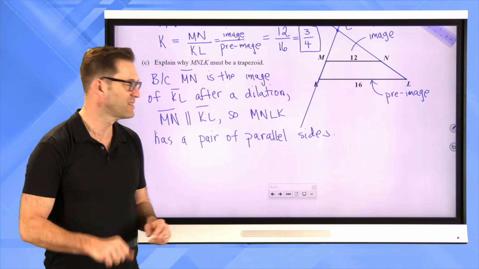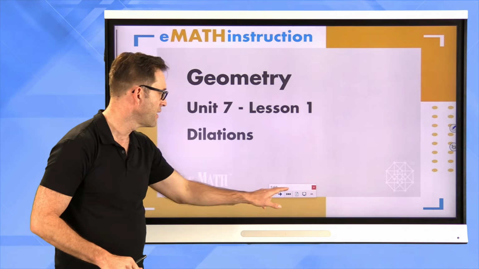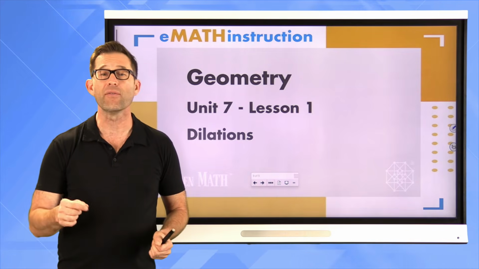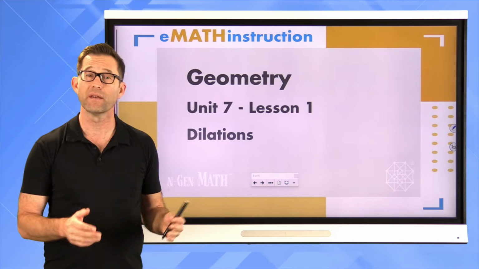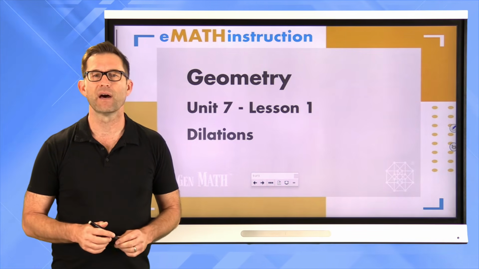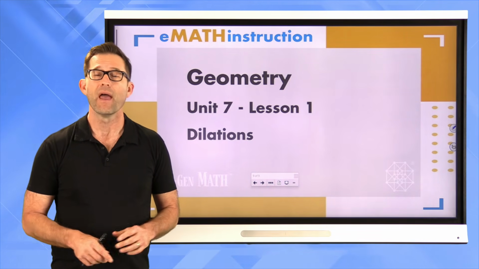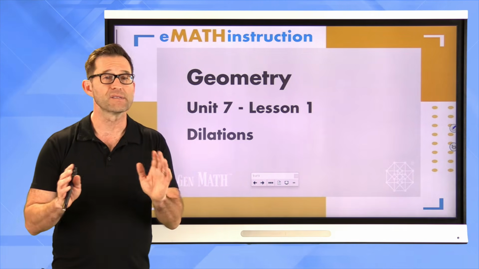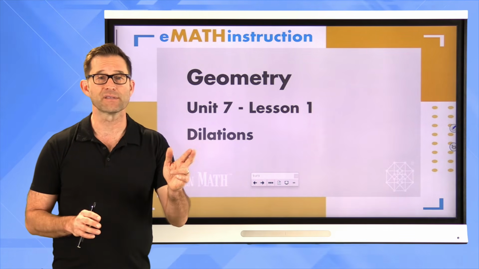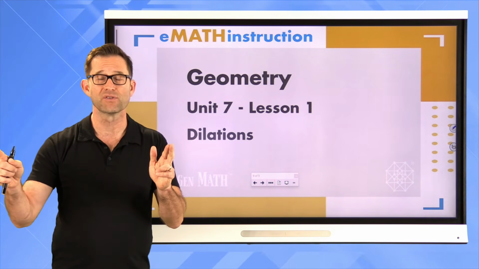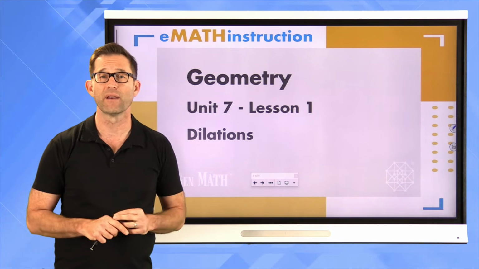All right, let's summarize what we just did today. Now, you should have seen dilations back in 8th grade math, and you should have worked with them quite a bit, including much of what we did today. But the technical definition of a dilation is a bit tricky. I really want to emphasize that when you're dilating a single point, I've got a center and I've got the point. I draw a ray that starts at the center and goes through the point I'm trying to dilate.